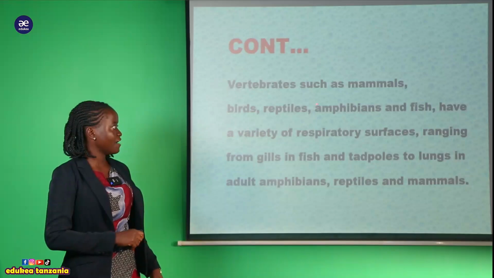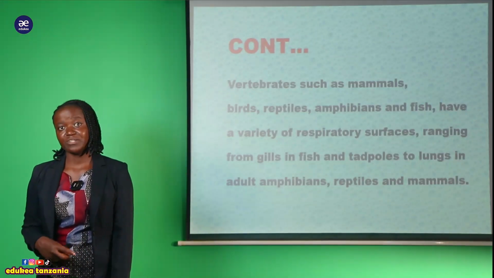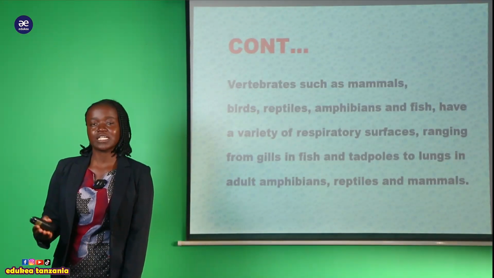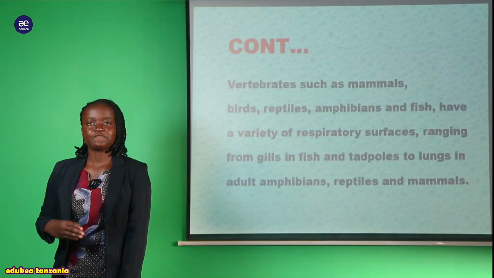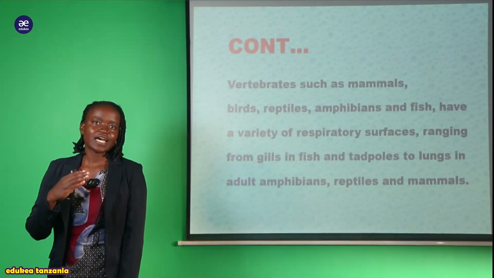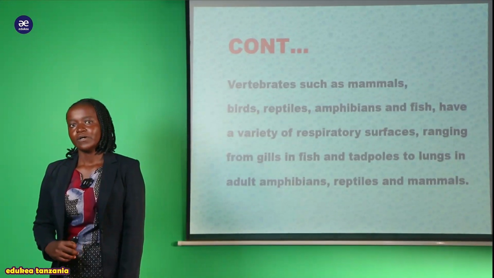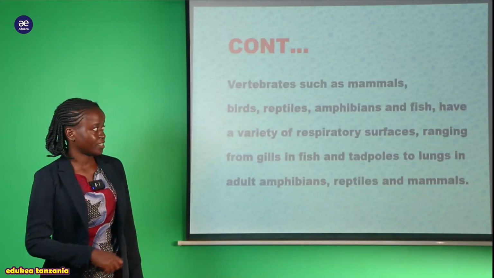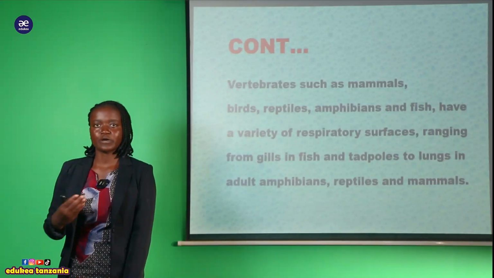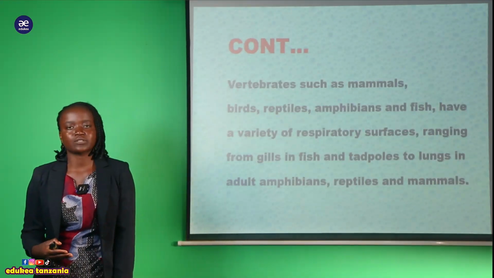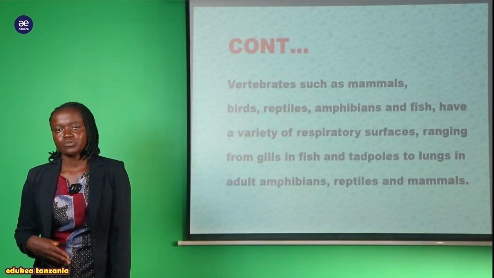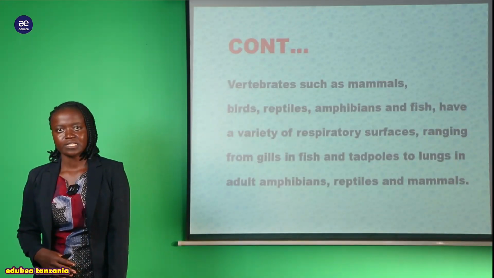But also we have amphibians, including the toads, the frogs, the Kihansi frog, and so on. All of them are found in the amphibians. Amphibians also transport oxygen and remove carbon dioxide.